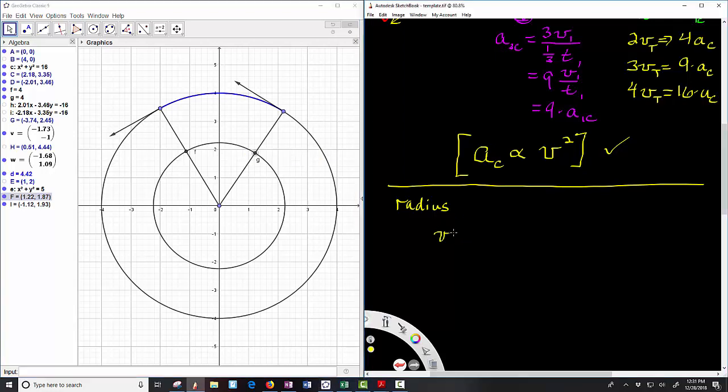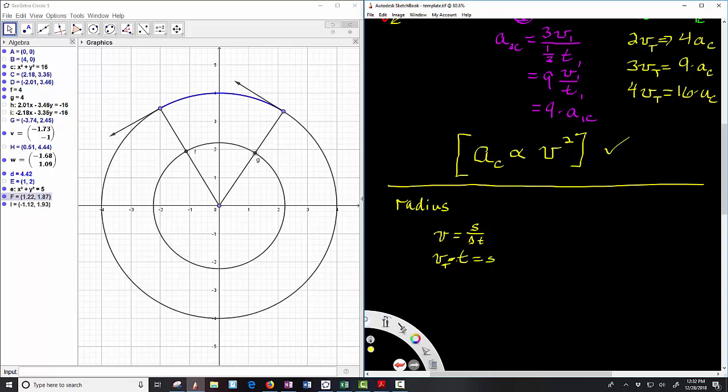Velocity is going to be the arc length divided by the time. So the velocity times time is the arc length. That's tangential velocity. Now in this case, I get less arc length with less radius.